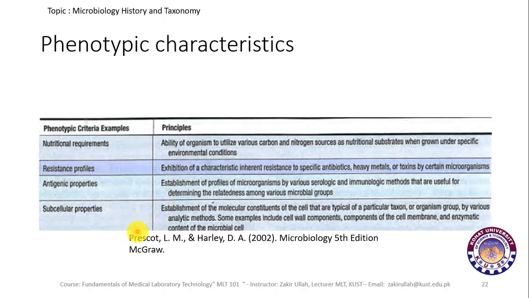And the subcellular properties, which is the establishment of molecular constituents of the cell that are typical of a particular taxon or group. These are found by various analytic methods, for example the cell wall components, the components of the cell membrane, or the enzymatic content of the microbial cell. All these are part of the phenotypic characteristics.